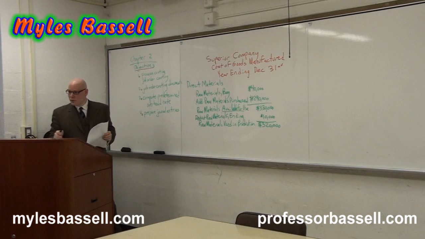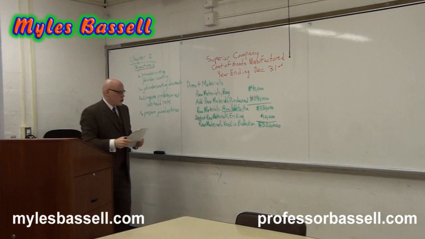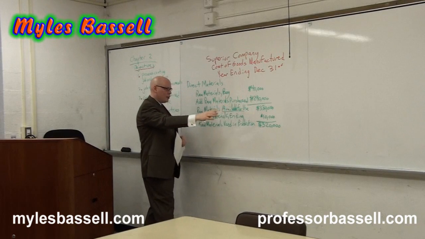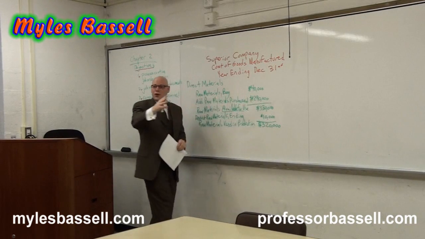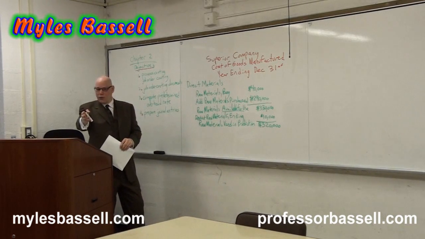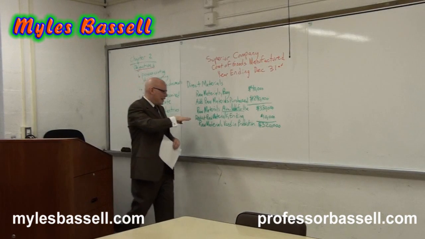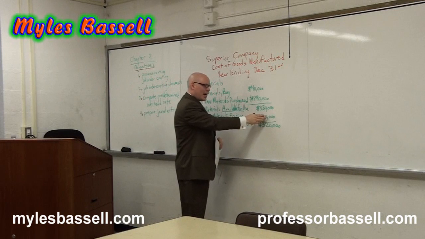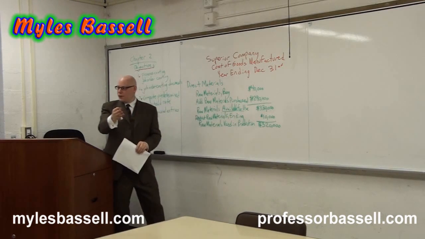Does that make sense? We started with 40,000, we purchased 290,000. We had at that point $330,000 worth of raw materials. At the end of the period, we only had $10,000 left.